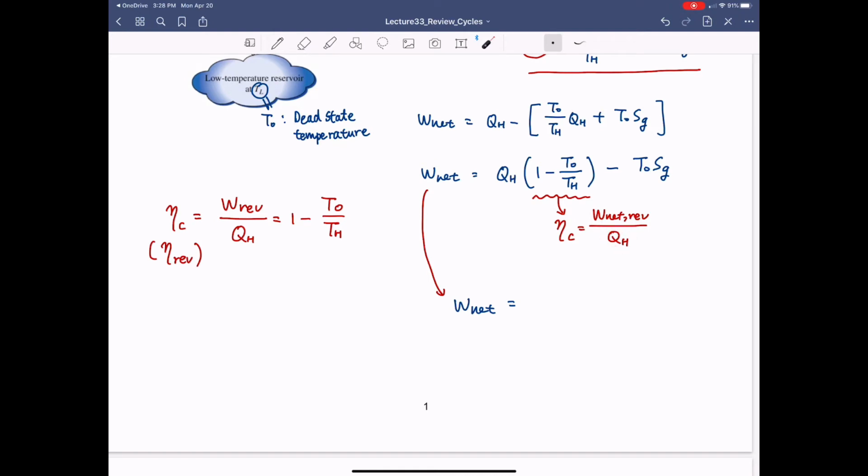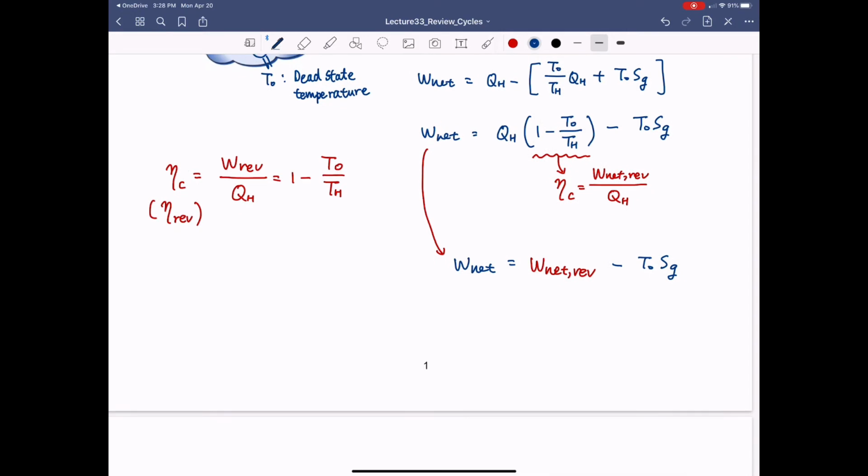So the first term tells us that is W net reversible, and we have an additional term that is T naught SG. And we call that second term the lost work. But many times we define that as irreversibility.